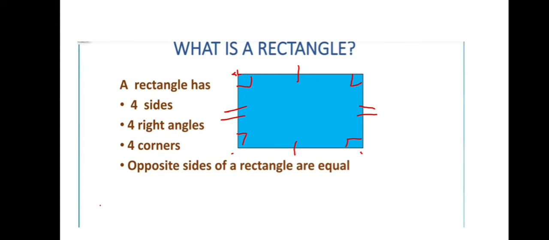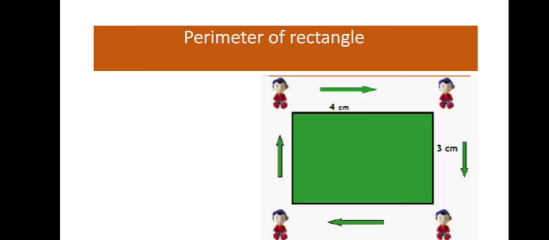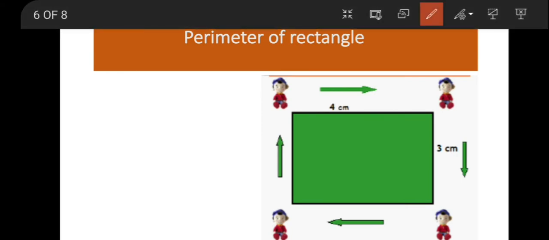Let us take an example. Suppose we have to find the perimeter of this rectangle. In this, this side is given as 4 and this side is 3. You know children, in a rectangle opposite sides are equal. If this is 4, this will be 4 also. And if this side is 3, this side will be 3 centimeters.